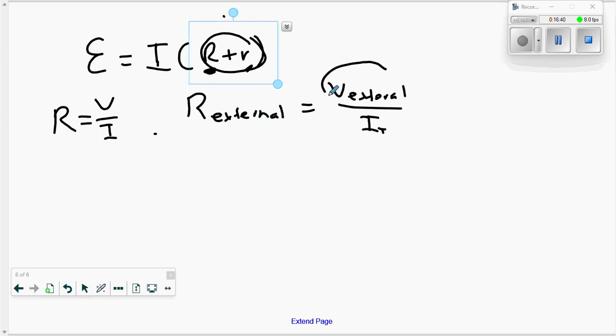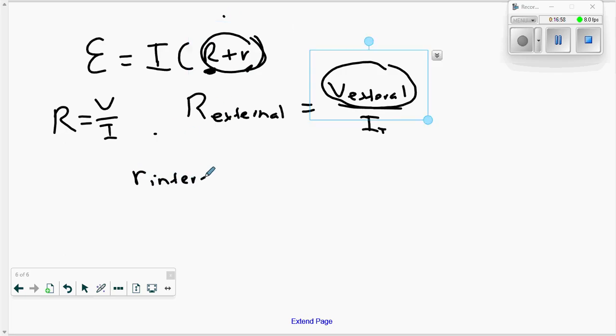Just like this V external is your total voltage around the rest of the circuit, not including the V lost. The other way we could do it is, instead of external, R internal equals V internal over I total again.